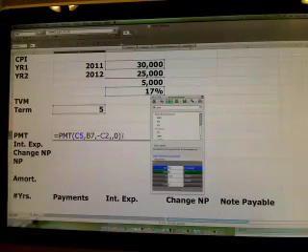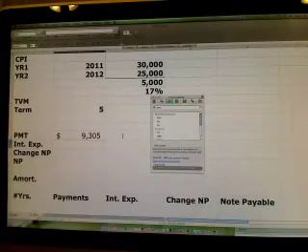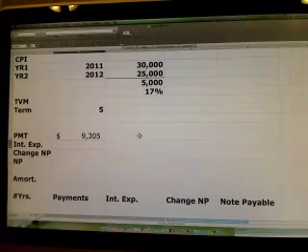So it should look exactly like this, or similar, because you're going to set yours a little bit different and your cell references are going to be different, but this is what I want it to look like. Now hit enter. Okay, and so now you see that you have an annual payment of $9,305.